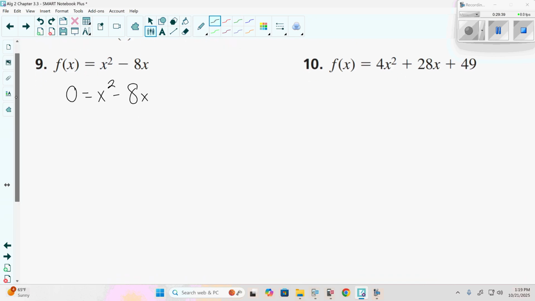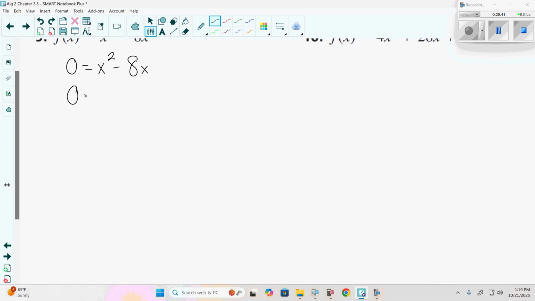Because if we're going to solve this by factoring, first thing we're going to look at and see, is there a greatest common factor between x squared and 8x? And there actually is. What's in common between x squared and 8x? They both have the variable x, because up to this point, the greatest common factor has only been a number.